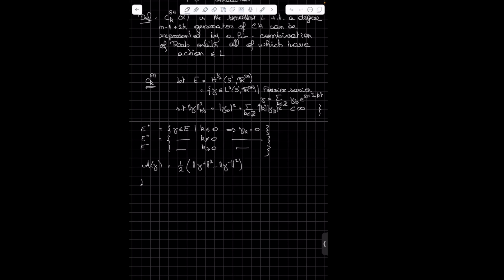Now, let H from R^{2n} to R be a Hamiltonian which is quadratic outside a compact set.